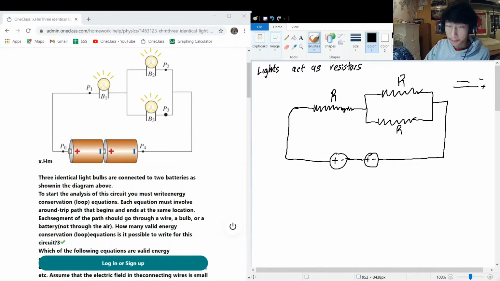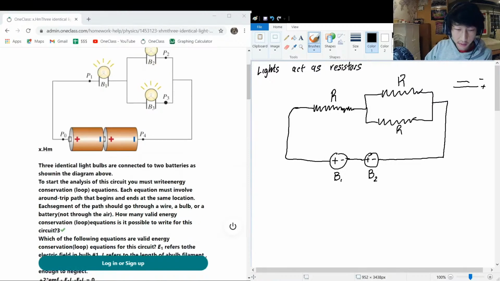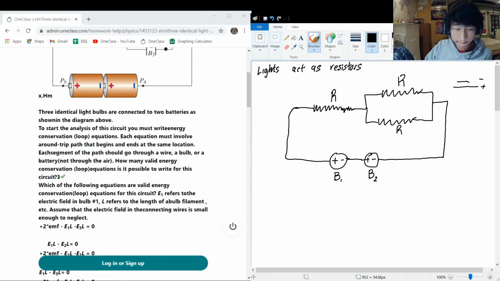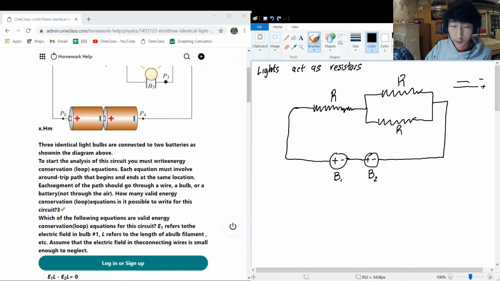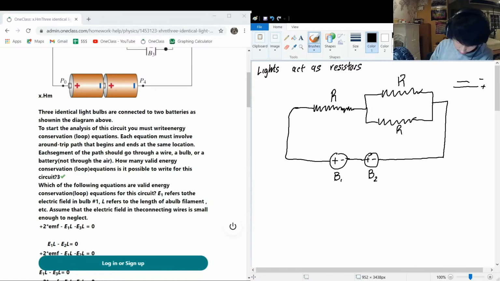or some loops. So let's give some names to these batteries. Let's call this B1 and B2, and they can have an associated voltage with them, because we'll treat them as voltage sources.